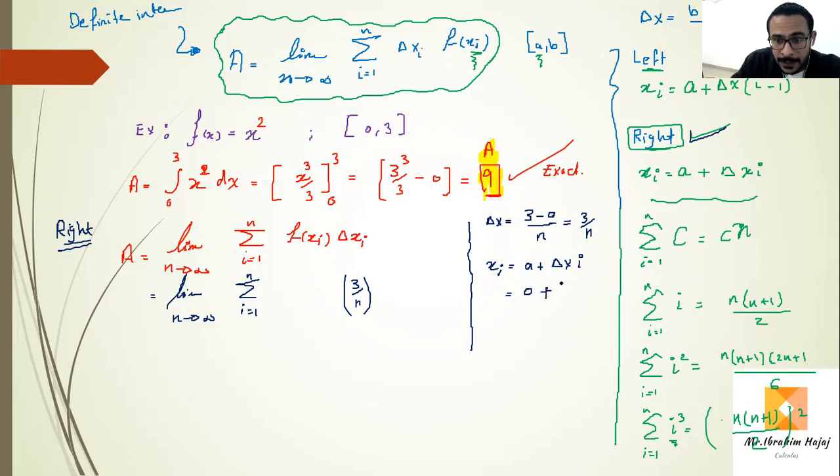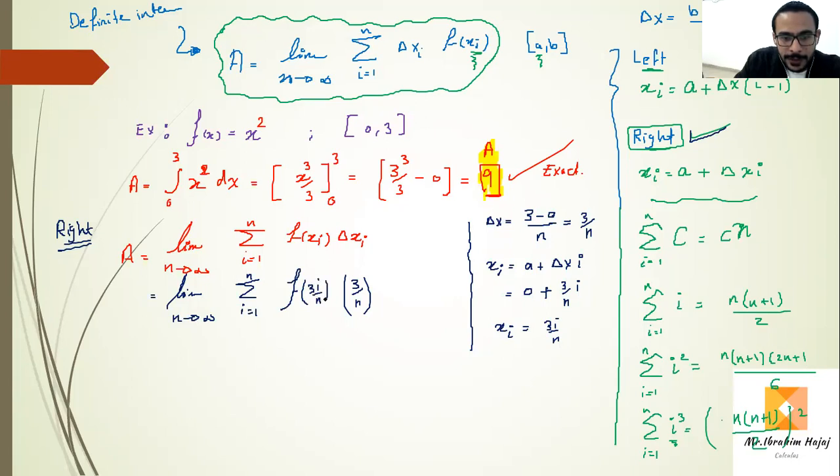Plus delta x, which is 3 over n, multiplied by i. So simply x i is 3i over n. And then substitute here in f of x i, which is f of 3i over n.